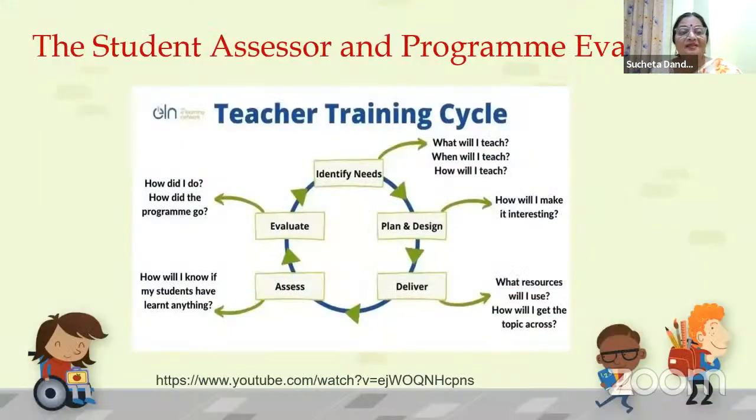The student assessor and program evaluator. We have seen this umpteen number of times, this teacher training cycle. We've seen this in all our revised basic workshops, the CISP, everything boils down to ultimately assessment.